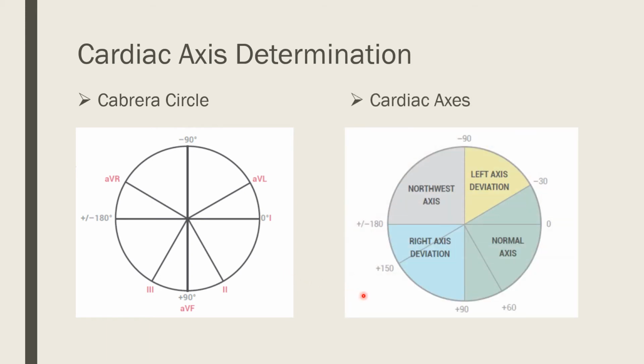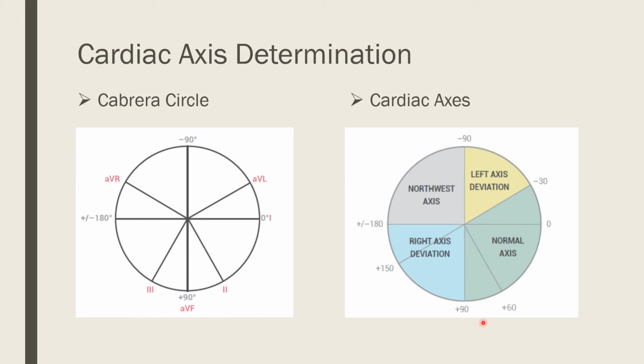Regarding the cardiac axis, we have the normal axis between minus 30 degrees, which corresponds to the AVL, to plus 90, which corresponds to AVF. This is the normal axis. Some references said that the normal axis extends to 110 degrees, which corresponds to lead 3.